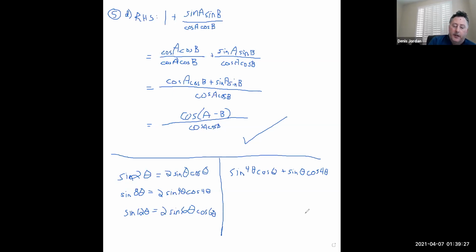So is this going to be the formula that goes with sine or the one that goes with cosine? Sine. And is it going to be the sum formula or the difference? Sum.